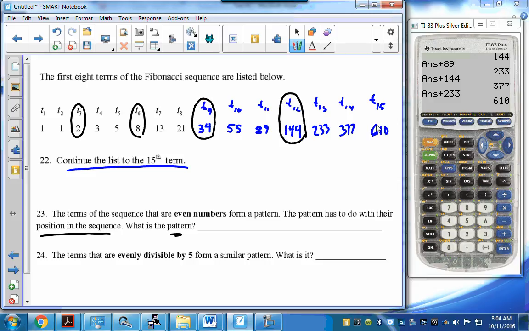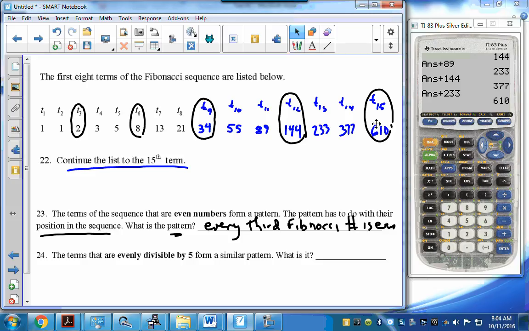Remember, even numbers end in 2, 4, 6, 8 or 0. Okay, so it looks like every third Fibonacci number is even.